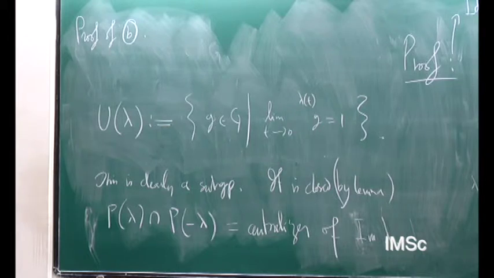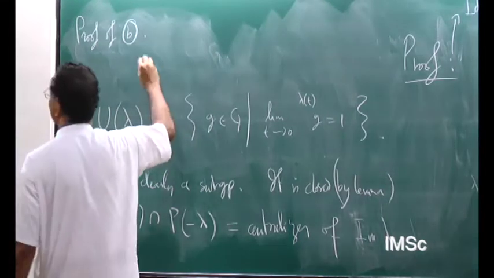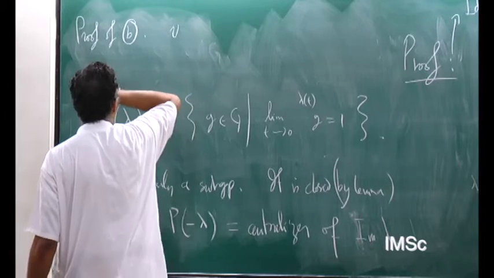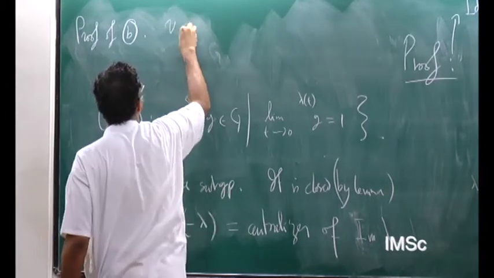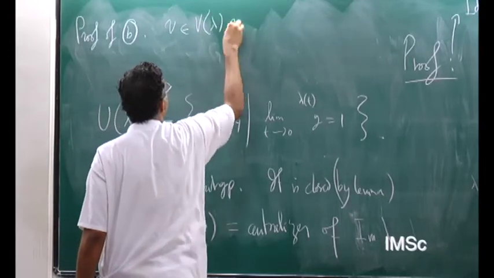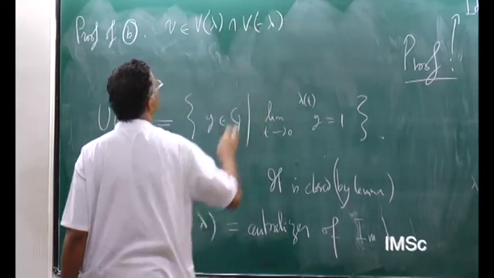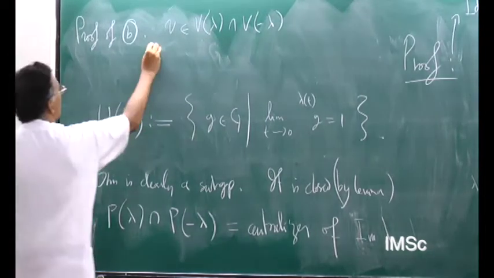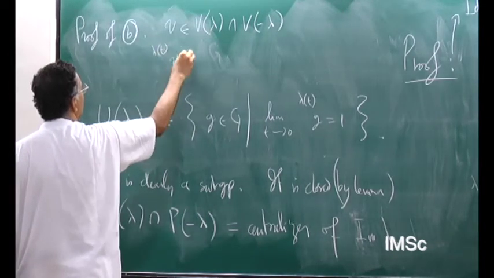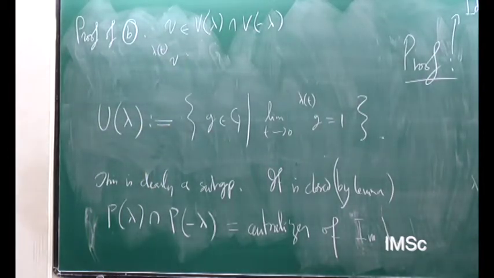So suppose V belongs to V lambda intersect V minus lambda, then I have to show, look at lambda t of V. I want to show it's V, so how do I show that?